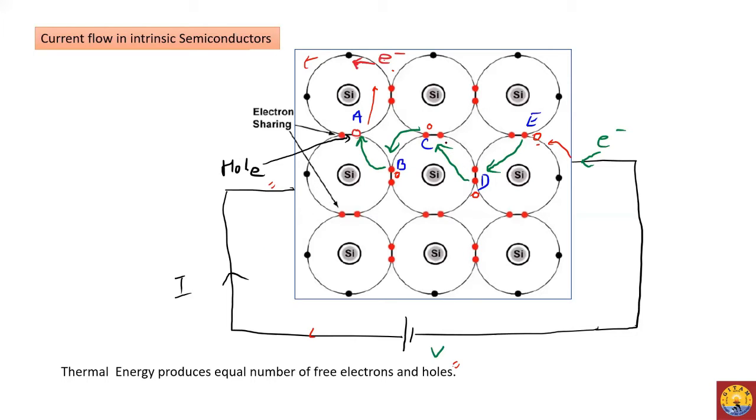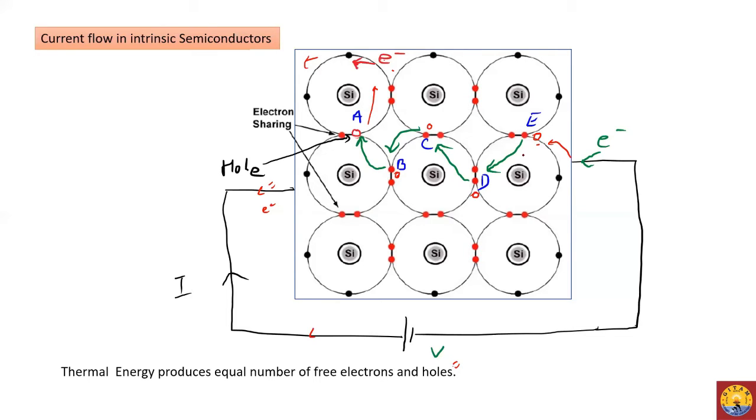So electrons flow inside the semiconductor and also in the conducting wire, while holes do not flow in the wire, but holes do move inside the semiconductor. So this is one point to remember: electrons flow throughout the circuit, whereas holes do not move throughout the circuit. They just move inside the semiconductor.